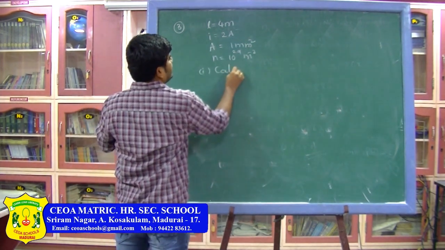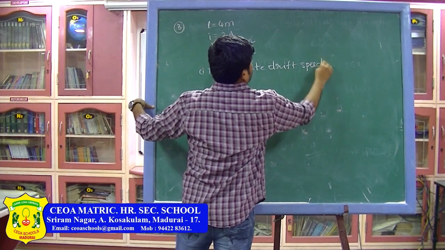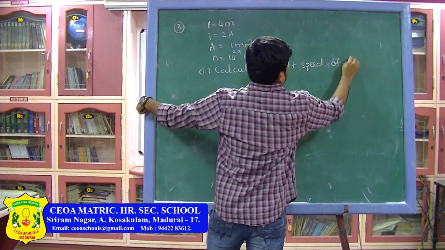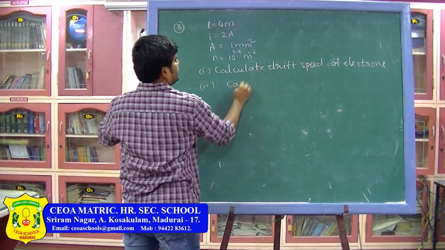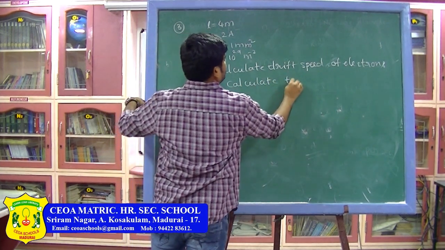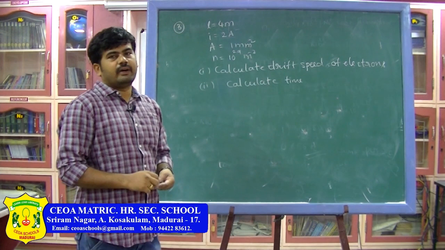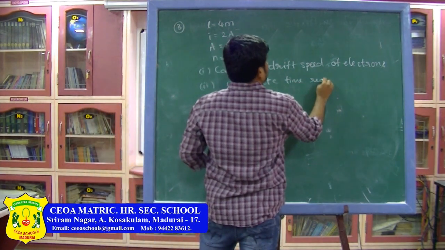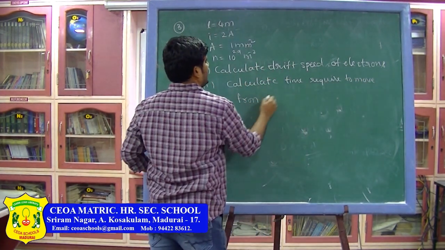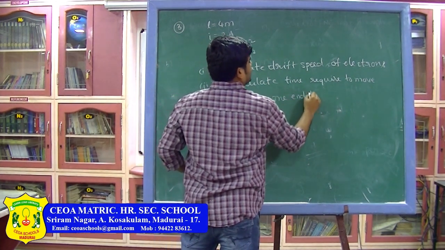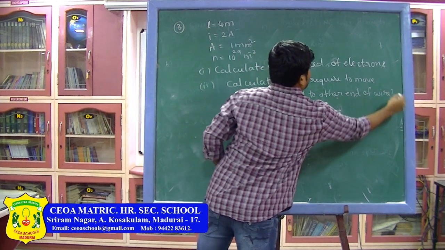First question is to calculate the drift speed of electrons, and the second question is to calculate the time required for the electron to move from one end to the other end of the given wire, means the total time taken to travel the entire length of the wire.